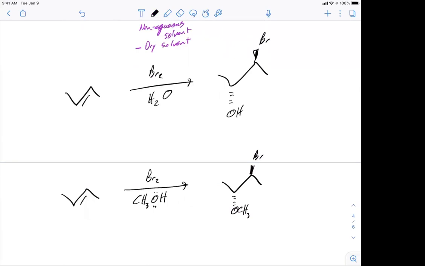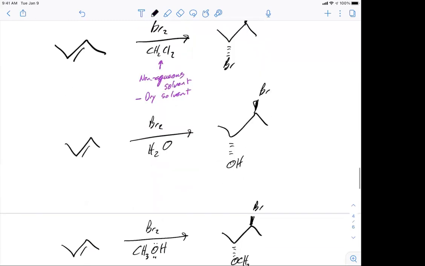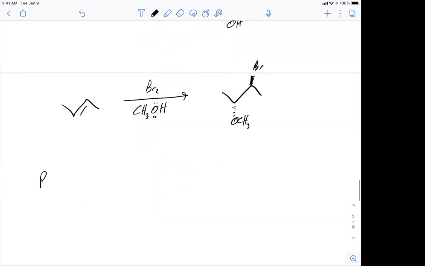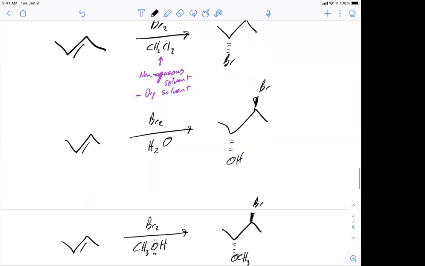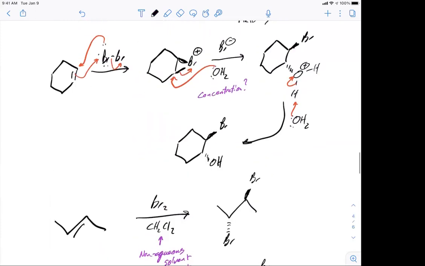Questions about halohydrin formation? Oh, there should be a question about halohydrin formation, which is regioselectivity. So we've already looked at the stereochemistry, right? The stereochemistry here is anti-addition.